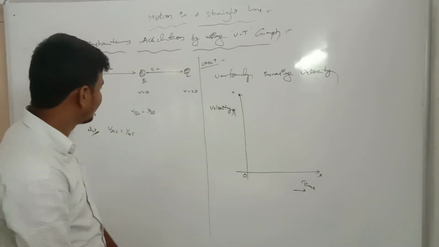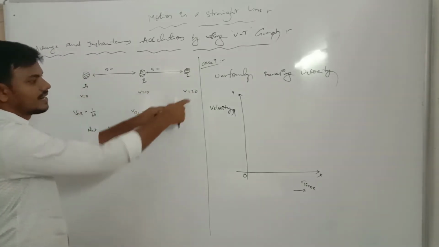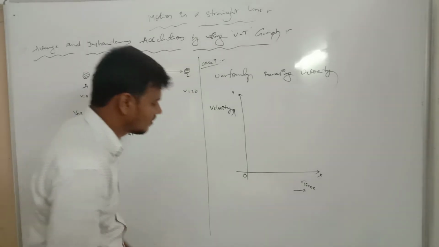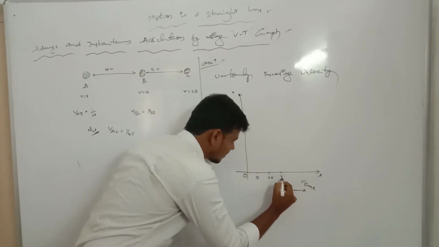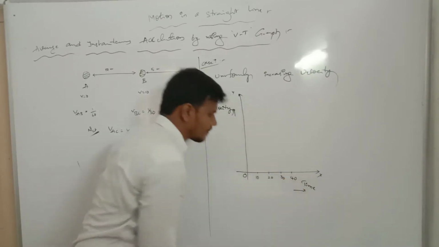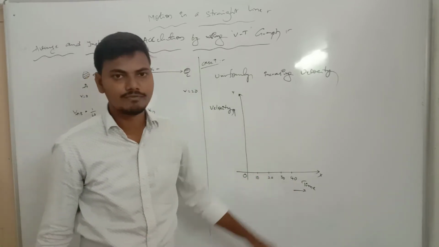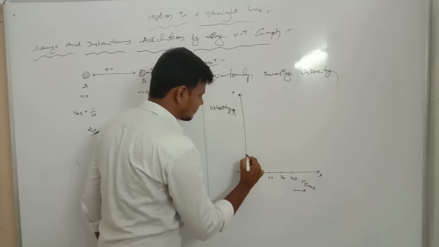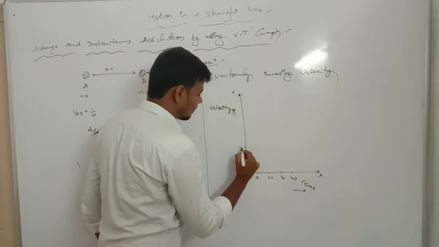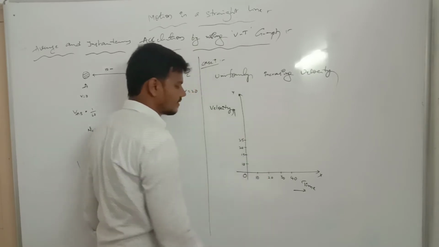The scale will be represented at 0, 10, 20. In the same way for the x-axis, 10, 20, 30, 40. The y-axis 10, 15, 20, 25.